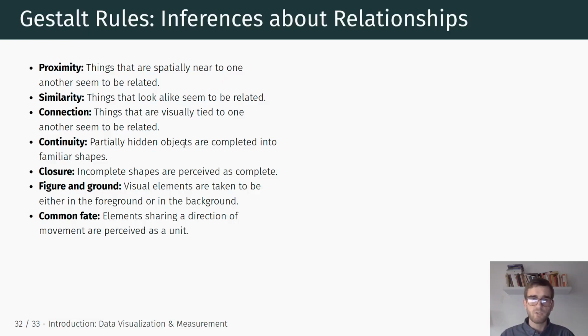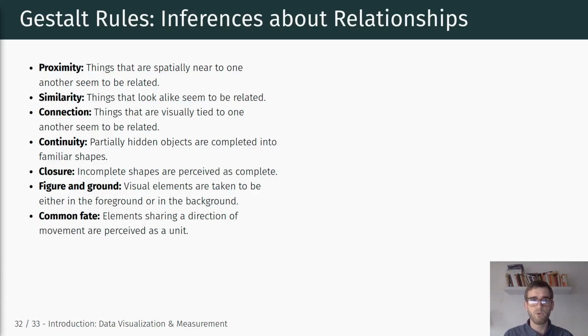Okay. In addition to color schemes, ultimately what we're trying to do with these types of groupings and graphical tools is to communicate inferences about relationships, right? And the key thing here is that we can use different elements to communicate relationships between observations.